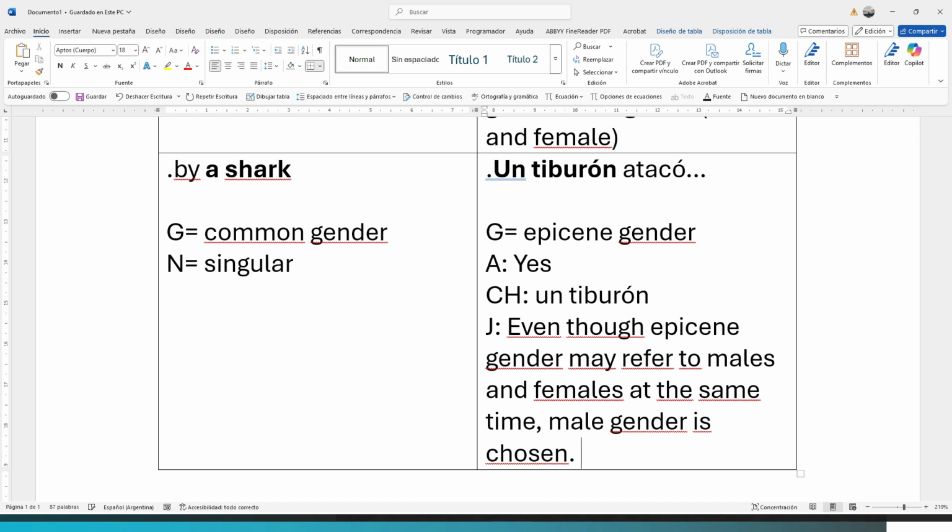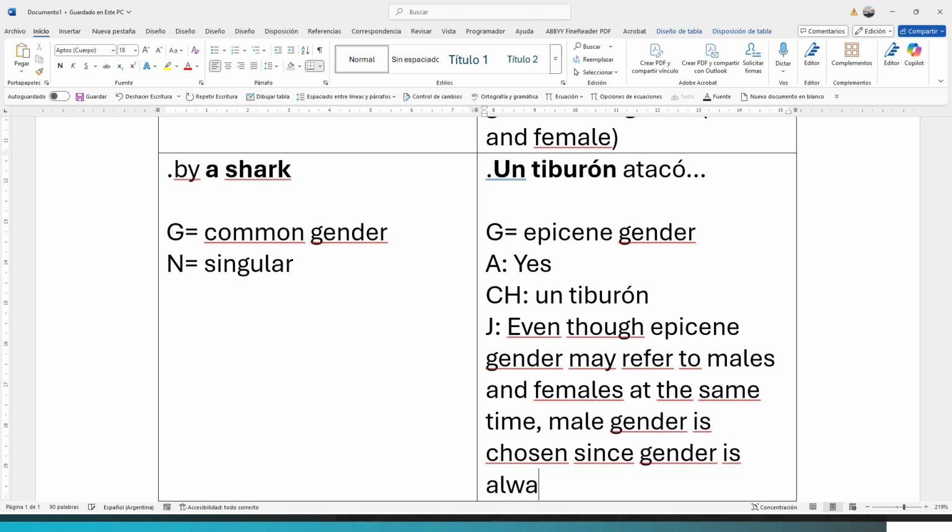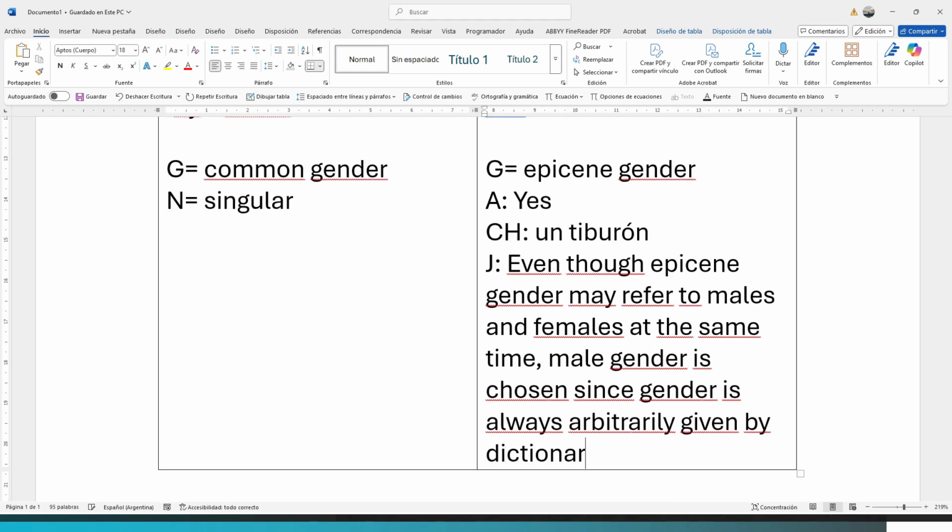Why? Since gender is always arbitrarily given by dictionaries. Right? Do you understand the analysis here?